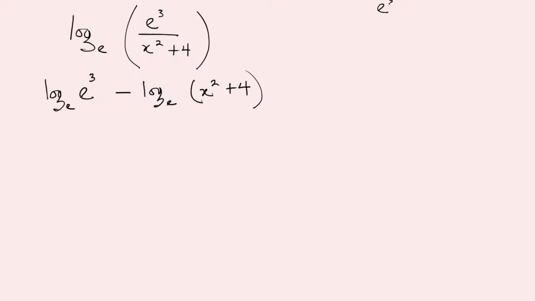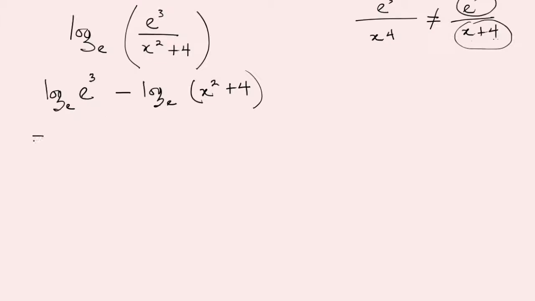E cubed over 4x is not the same as e cubed over x plus 4. The law says that if there's a division, what we have is that the denominator and the numerator are subtracted. In this case, this is an addition, not a multiplication. So this is a whole expression. X squared plus 4 is together.